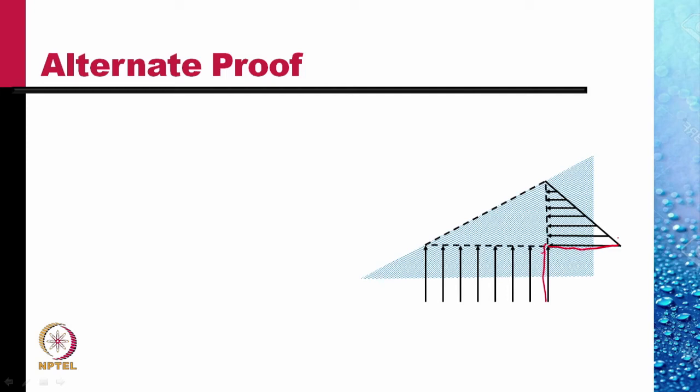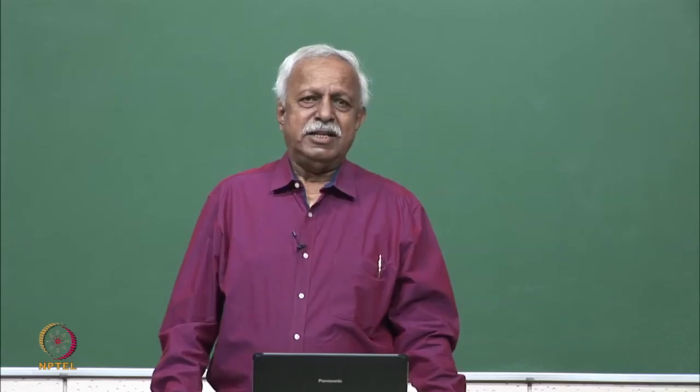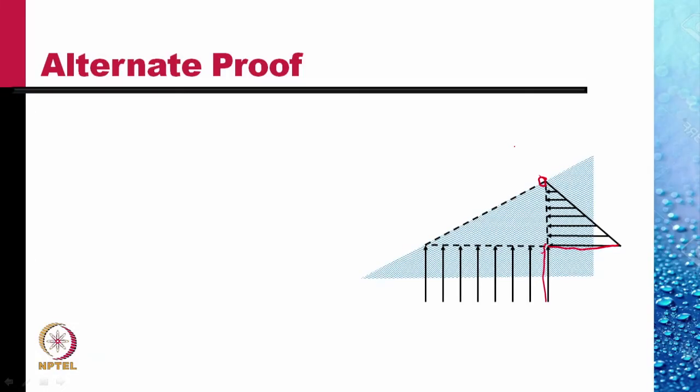We have shown forces above the atmosphere, the gauge forces, because we have started with 0 at this. The sloping surface is exposed to atmosphere, so pressure is zero everywhere. What are the other forces? Of course, the weight of this triangular fluid element.